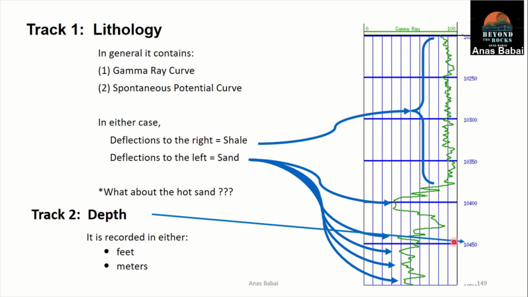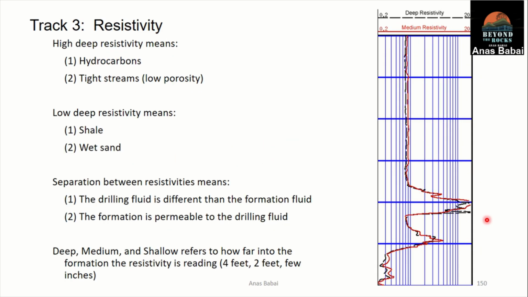We have the depth track here, which represents the depth, so we can see clearly from this example that this zone is a shale zone, which is not a zone of interest, while this zone can represent a zone of interest, and those small sand layers. Now we go to the resistivity.